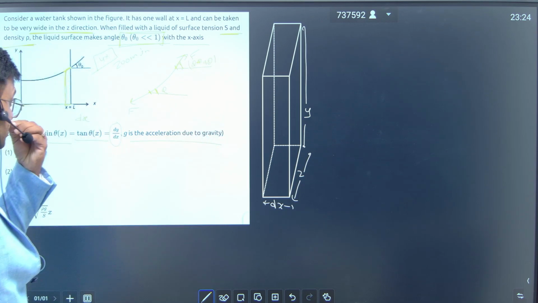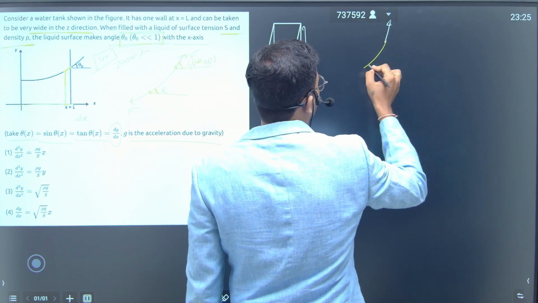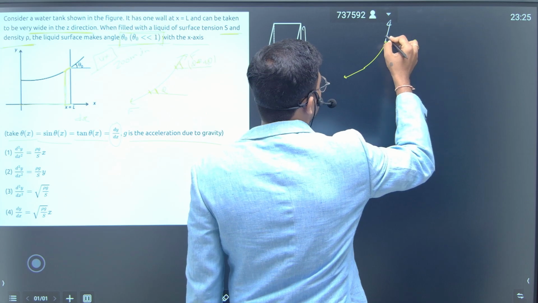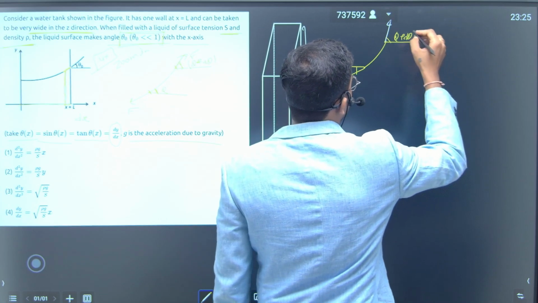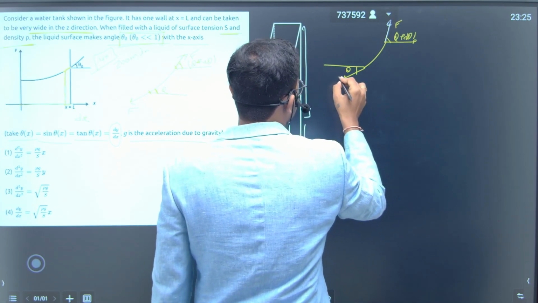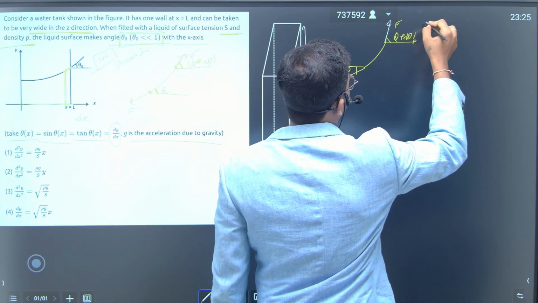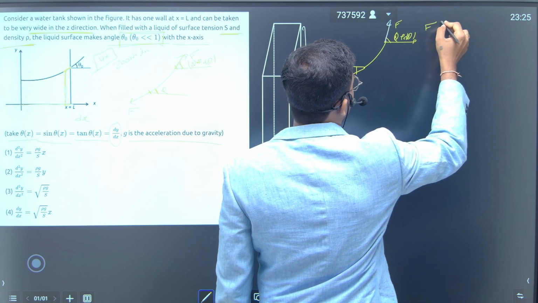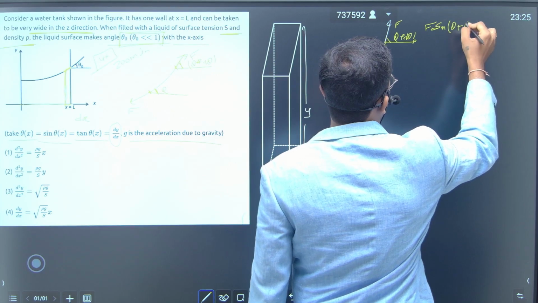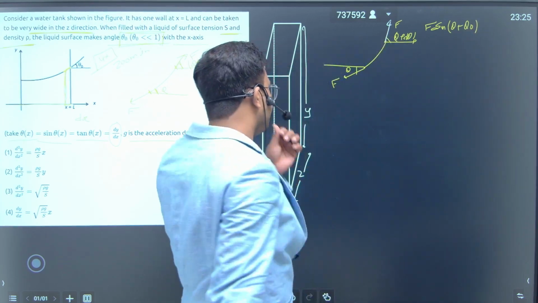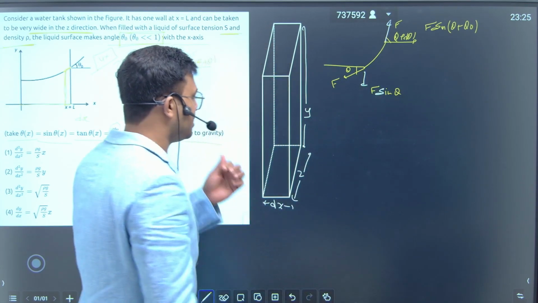If you look carefully, the upper angle is theta plus d theta and the other angle is theta, and the force due to surface tension is F. So the vertical force on one side is F sine of theta plus d theta, the component in the y direction, and on the other side F sine of theta.